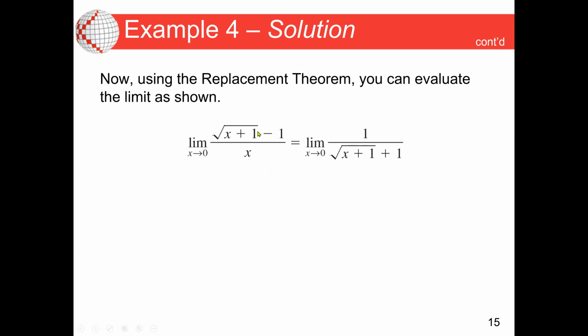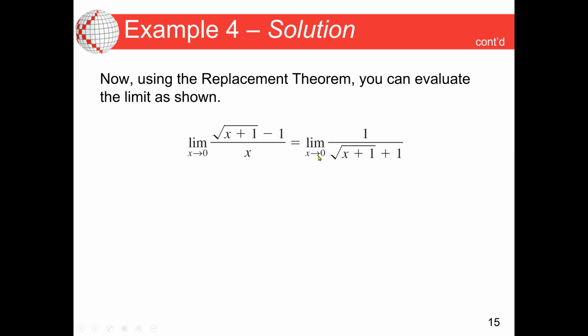So for the square root of (x plus 1) minus 1, over x, as x approaches 0, if we put the original expression and substitute 0 for the x's here, we are going to get a value divided by 0, which means the limit does not exist.